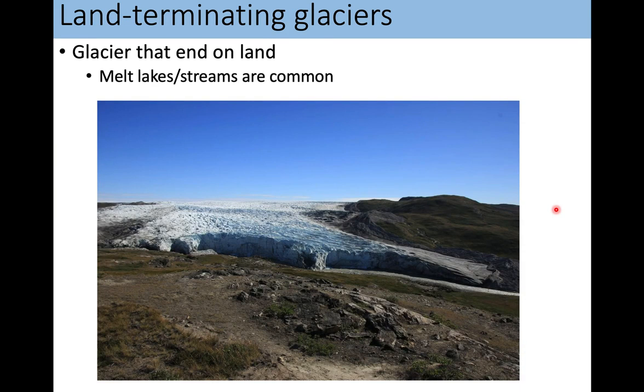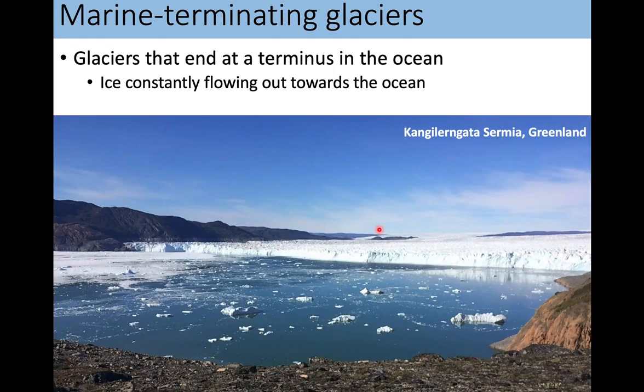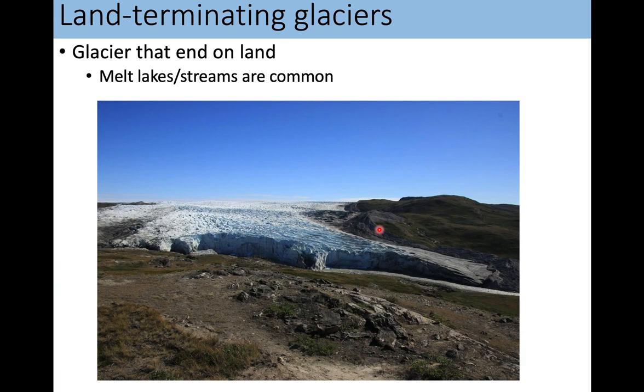Then there's also land terminating glaciers. This glacier is actually next to this one. Where we have marine terminating glaciers, we generally also have land terminating glaciers. They might be nearby where this glacier doesn't quite make it to the ocean, so it actually just ends on land here.